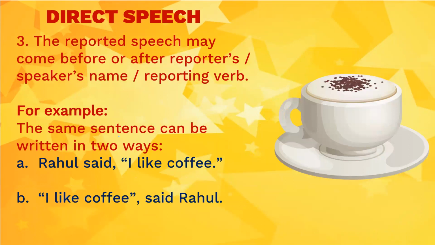The reported speech may come before or after the speaker's name or reporting word. For an example, Rahul said, "I like coffee." "I like coffee," said Rahul. So what happens is you just change the way it is written. In the usual setup, Rahul said, comma, inverted comma, I like coffee, then full stop and then comma.